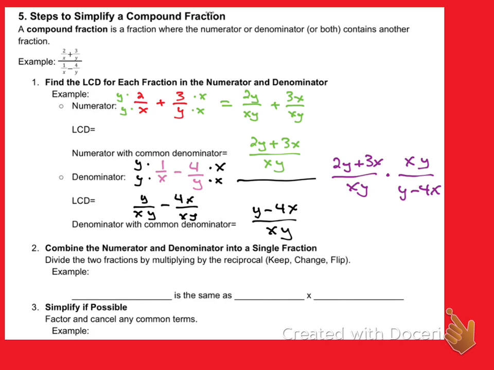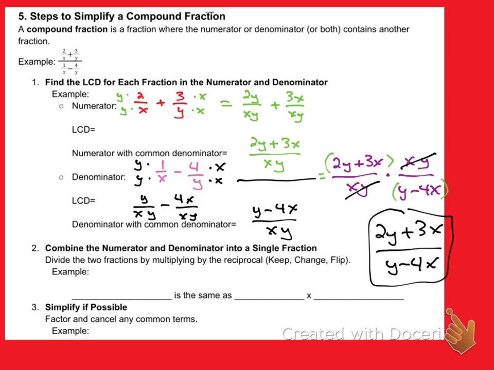That allows us to cross cancel. The xy's cancel, and we're left with 2y plus 3x over y minus 4x.